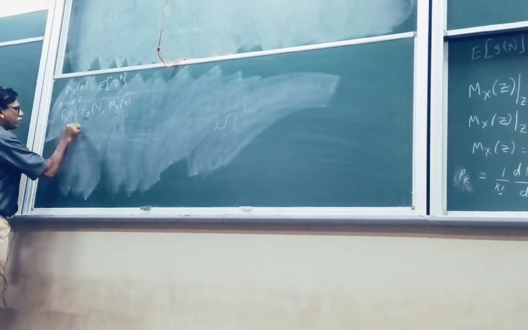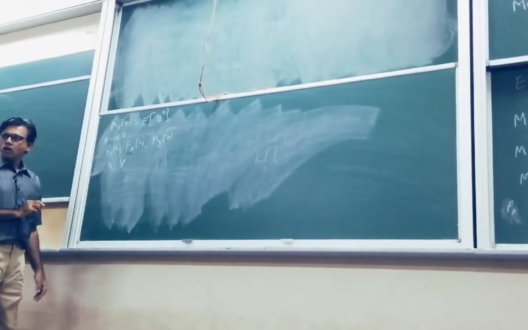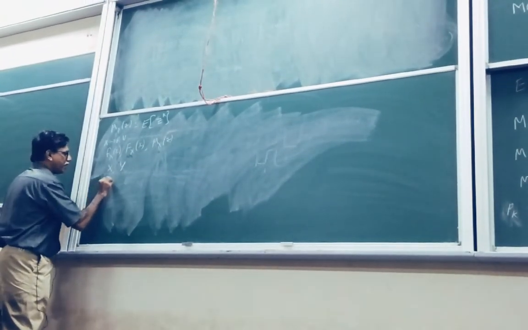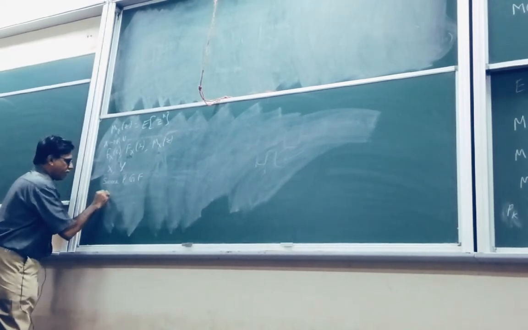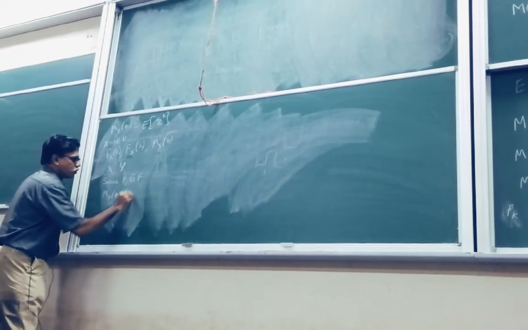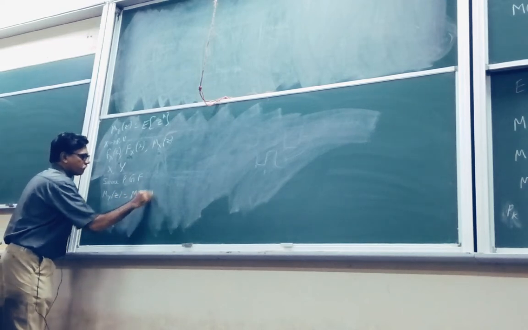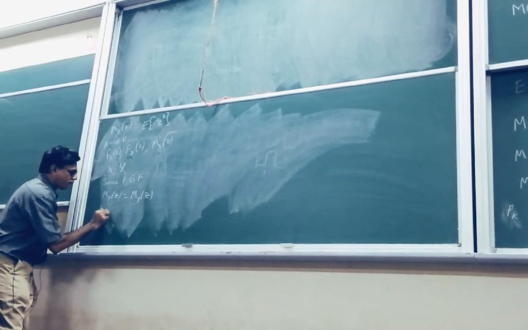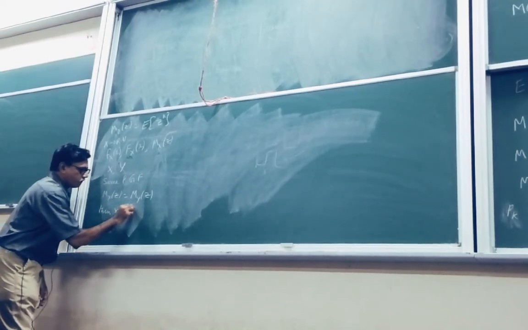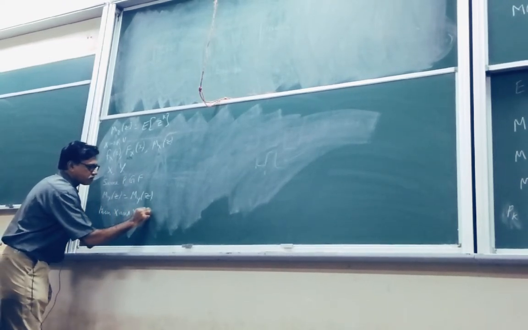So, if you have two random variables x and y which have the same PGF, that is mx of z equal to my of z, then x and y are the same random variables.